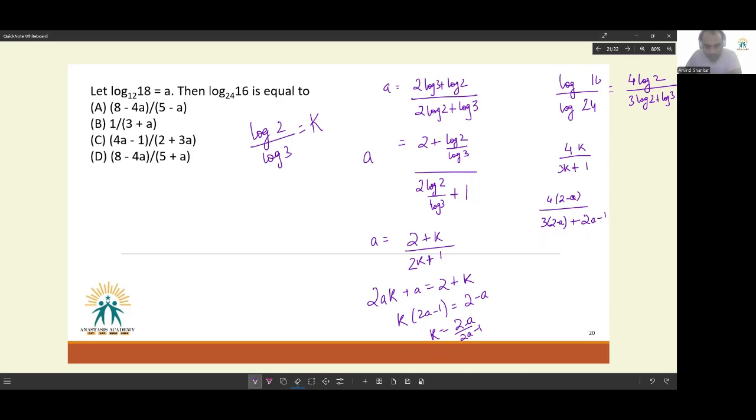I now have 8 minus 4a. Yes, I have more faith in my working because I'm getting something closer to the options. Then 6 minus 3a plus 2a minus 1, which gives me (8 minus 4a) by (5 minus a), and therefore the answer to this will be option A.